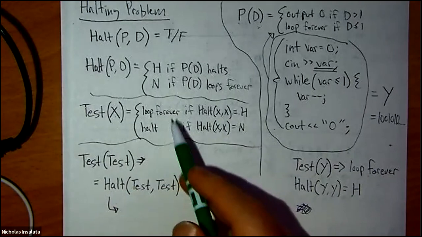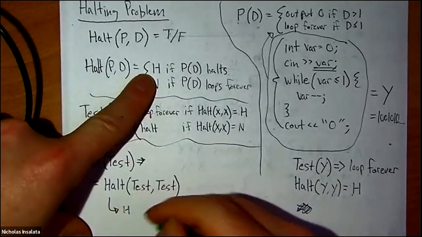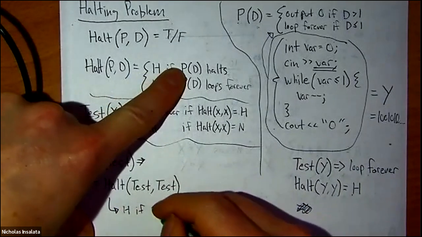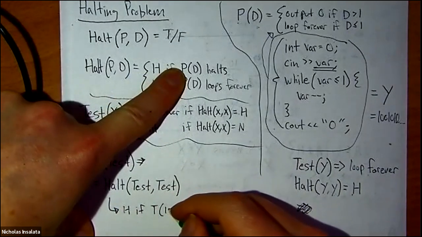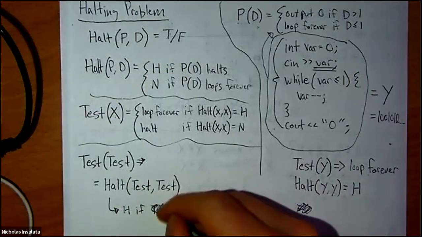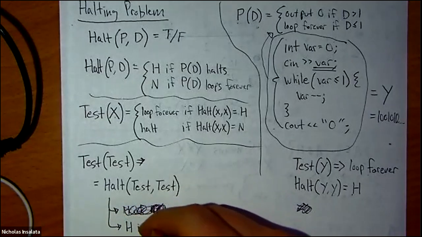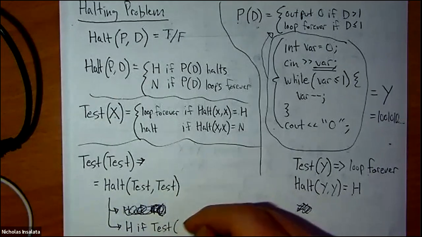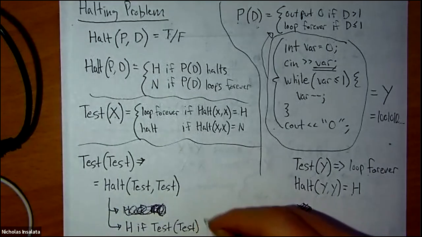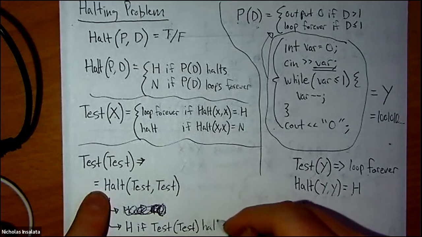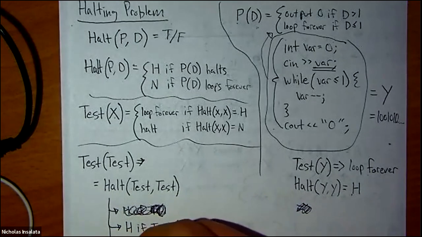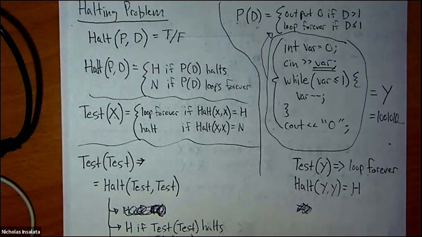Halt of test on test would give us an H if test of test halts, and it'll give us an N if test of test loops forever.